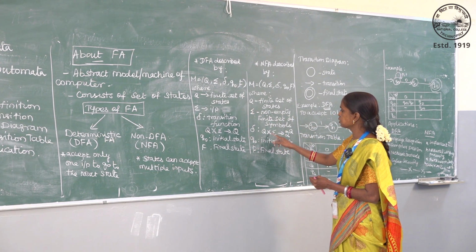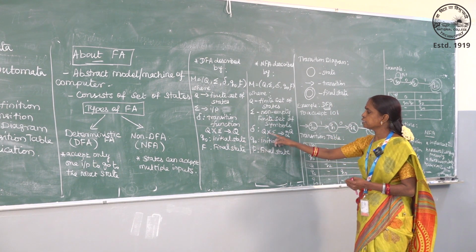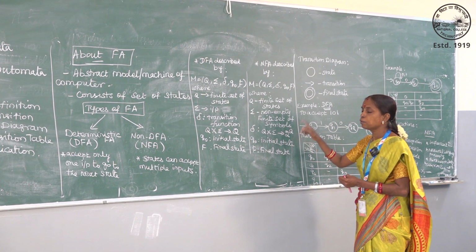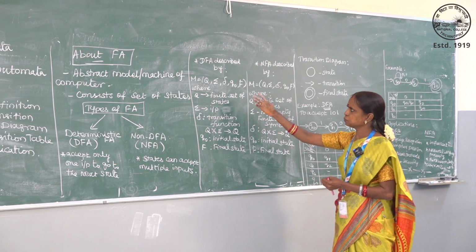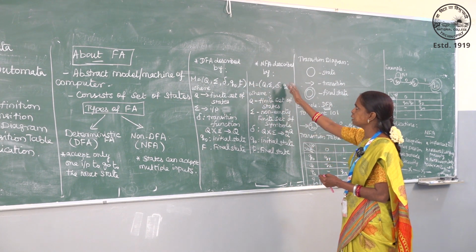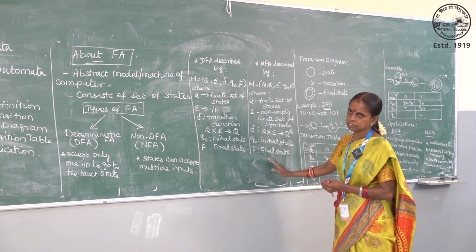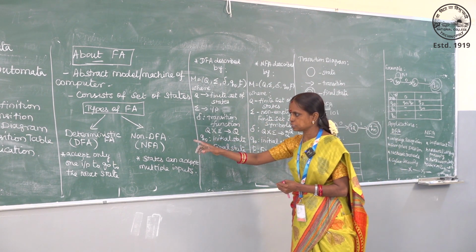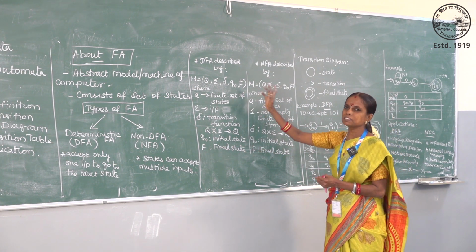Delta is a transition function. In that transition function, Q into sigma gives 2 power Q states. As in the DFA, Q0 is the initial state and F is the final state. So that is how the tuples are used in deterministic and non-deterministic finite automata.